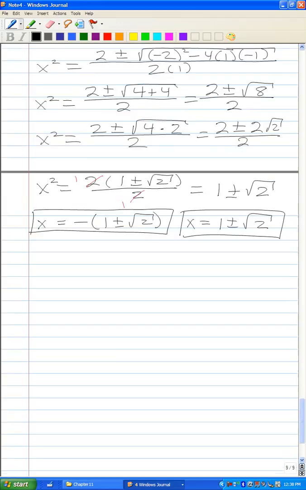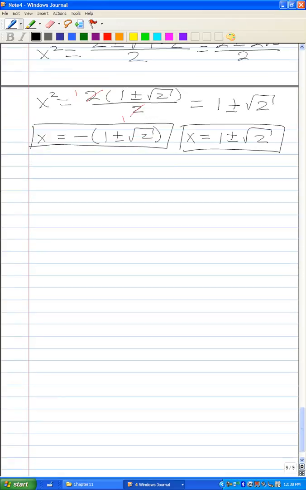Let me do problem number 59. X squared minus 3 minus 5 over x squared plus 1 equals 0. So let me get rid of the common denominator.